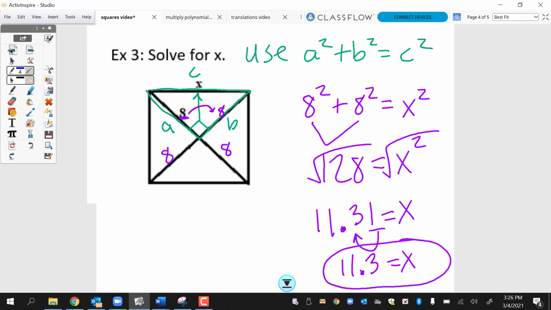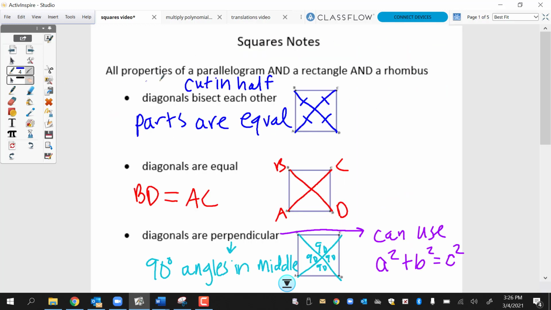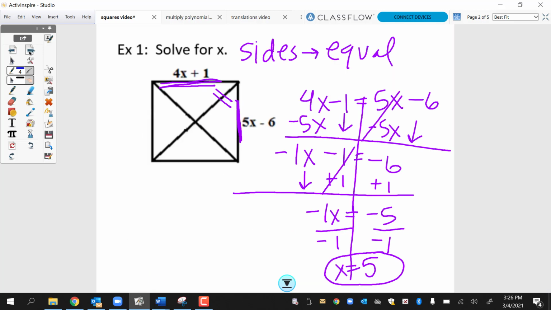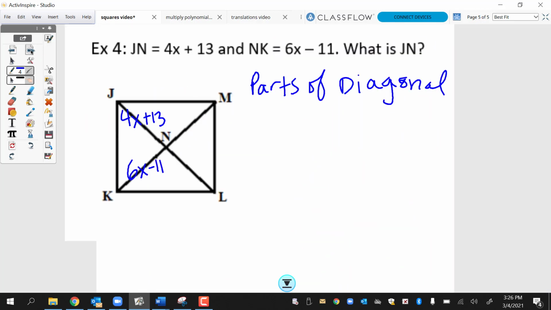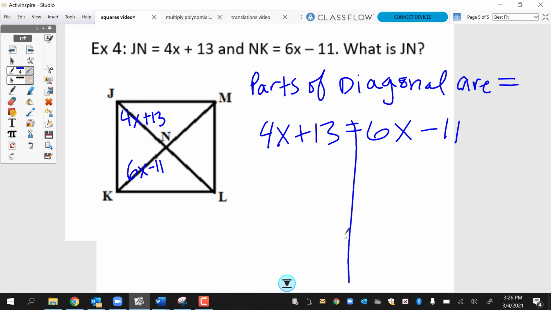So what do I know about the parts of a diagonal? Parts are equal. Oh, that's handy dandy. Here we go. Parts of a diagonal are equal. So I'm going to write that these two things are equal. So 4x plus 13 equals 6x minus 11. We're solving for x. So subtract.